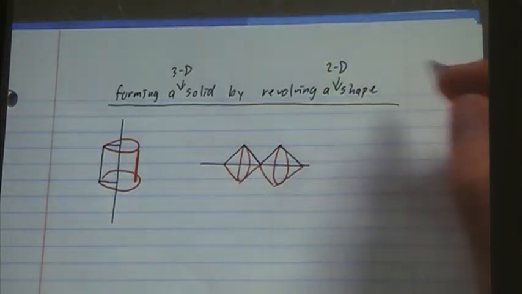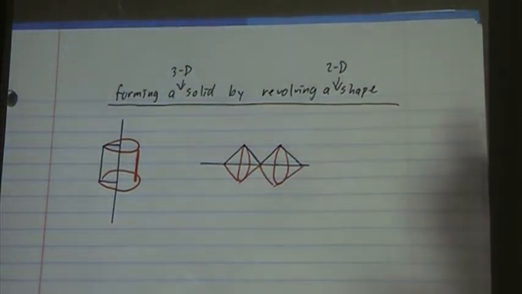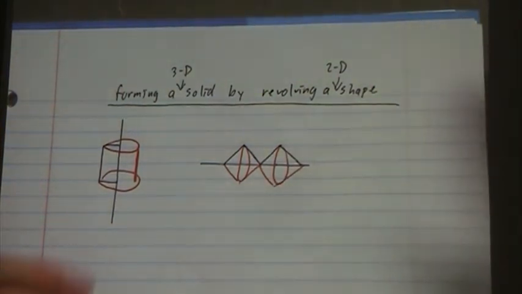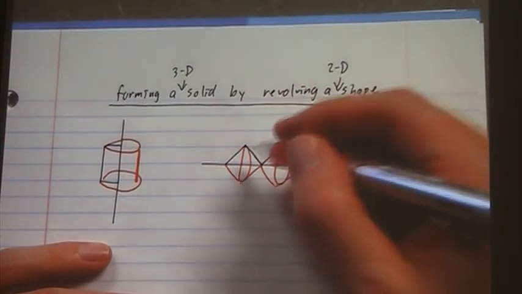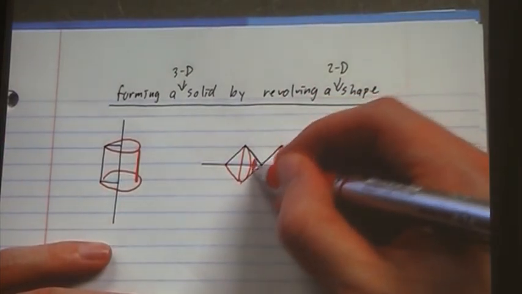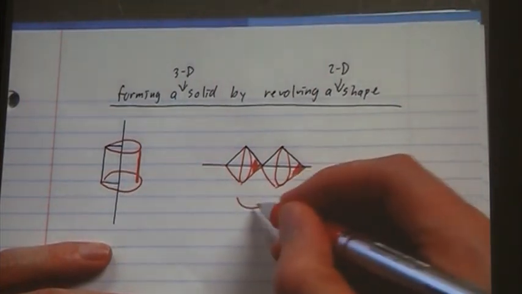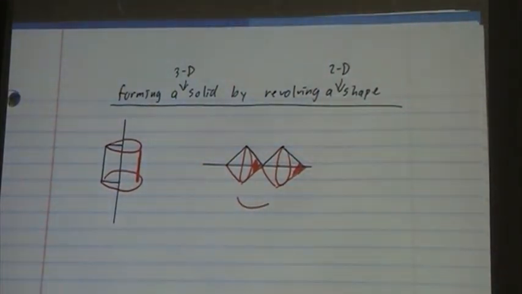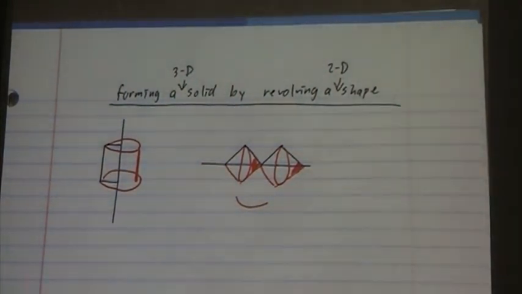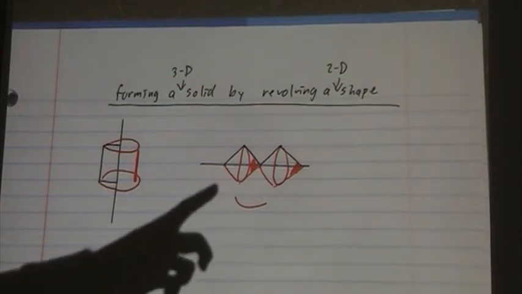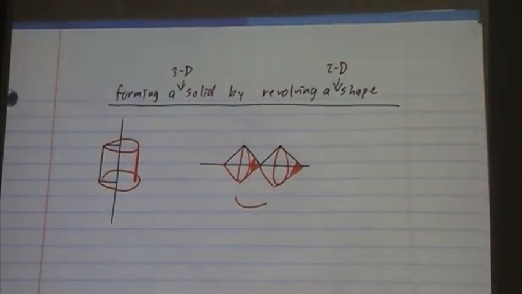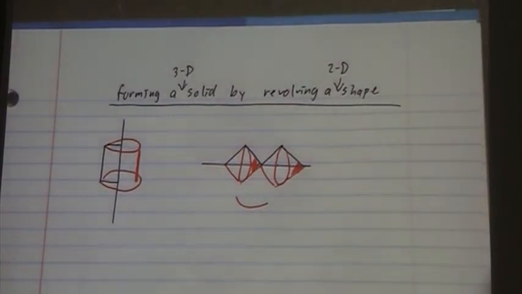Boom. So you'd have this weird hourglass shape, or eyeballs. Probably should have colored in his eyeballs there, as opposed to off to the side. Anyway, that's the deal with forming a solid made by revolving a shape.